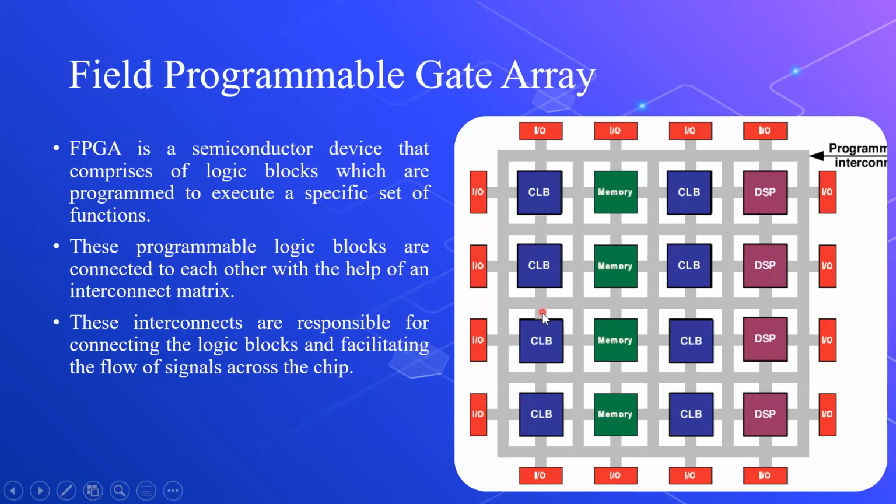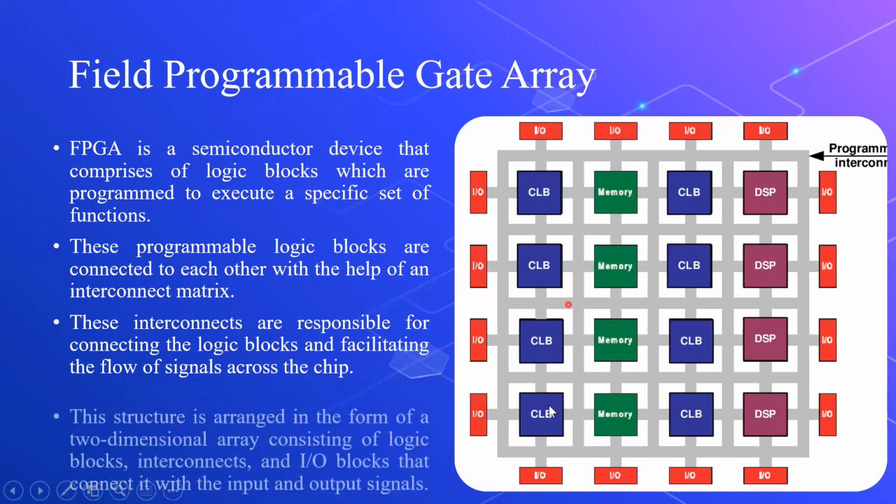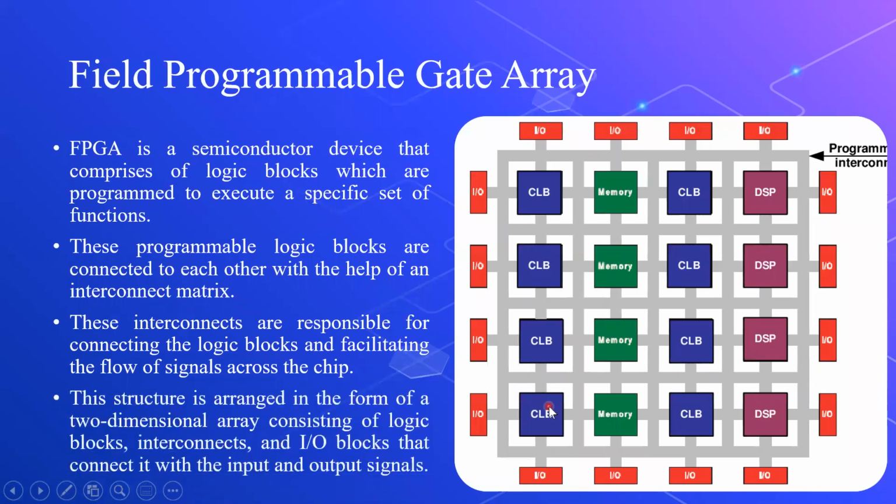These signals will easily transmit using these interconnecting wires. The structure is arranged in the form of a two-dimensional array consisting of logic blocks, interconnects, and input-output blocks that connect it with the input and output signals.